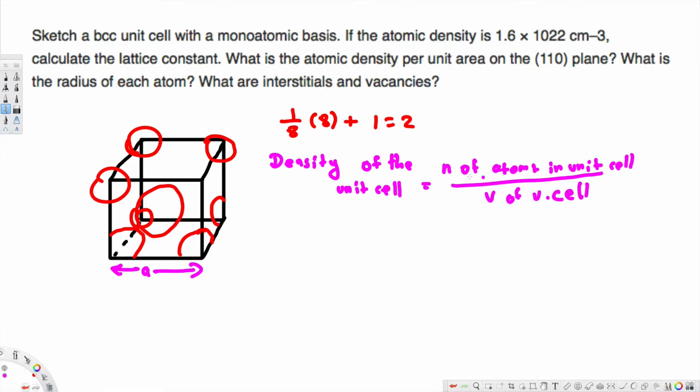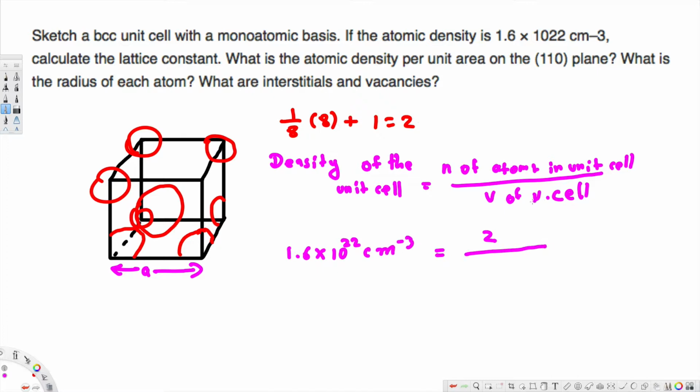Okay, now we already know the number of atoms in the unit cell, because for a body-centered cubic structure there are 2 atoms in the unit cell. So this is 2, and the density of the unit cell is given, that is 1.6 times 10 to the power of 22 centimeter minus 3.